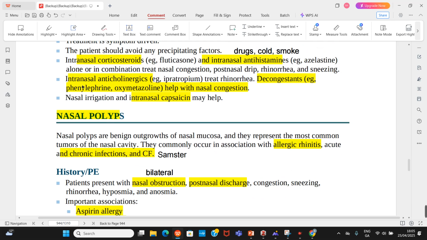We can use intranasal anticholinergics because cholinergic agents are usually secretory. So if you give an anticholinergic, it will stop the rhinorrhea and the secretion. An example is ipratropium, which is not long acting. You can also give a decongestant that will constrict the blood vessels in the nose so that you have less secretion, like oxymetazoline and phenylephrine, just like how we treat atopic allergic rhinitis.